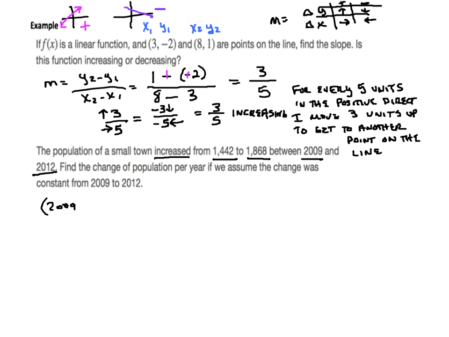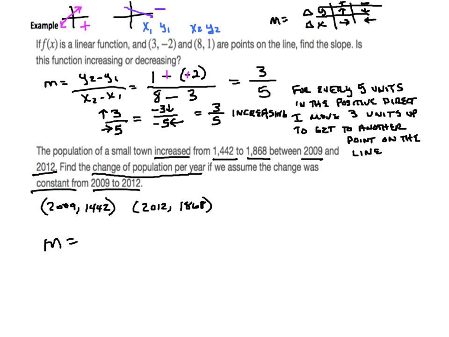So I have in 2009, my population was 1442. In 2012, my population was 1868. And we're asked to find the change of population per year if we assume the change was constant from 2009 to 2012. So we want to find the slope.